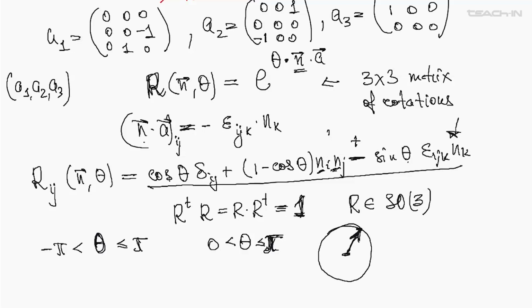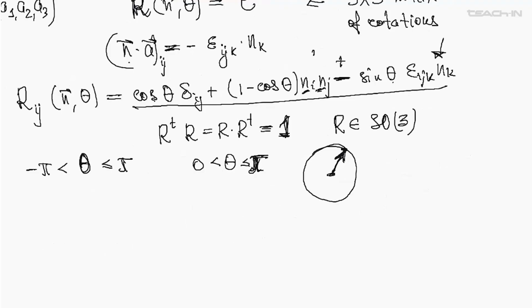They say that actually the angle can be identified with the length of this vector n. So you don't make it a unit vector, but you fill the ball of radius pi.